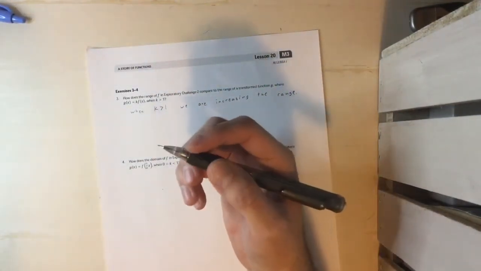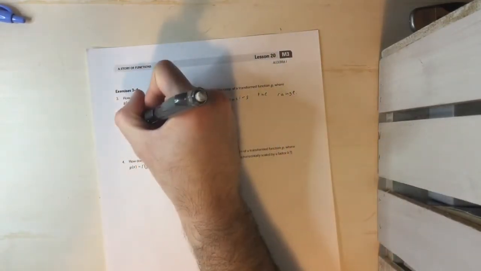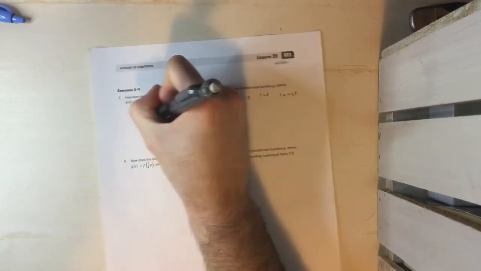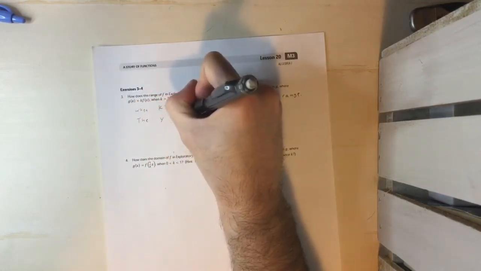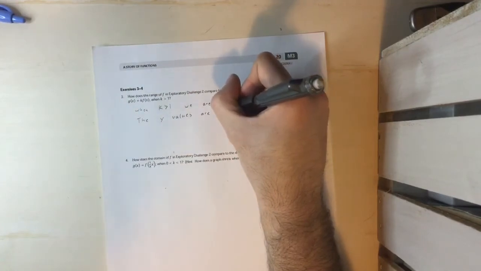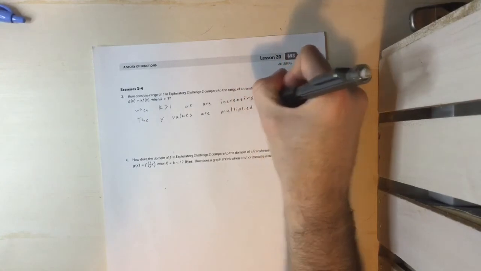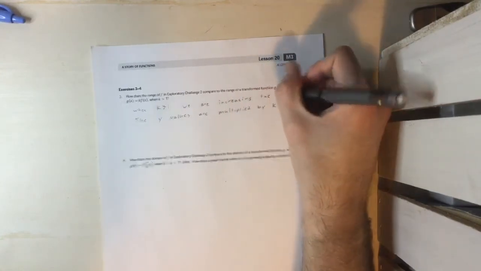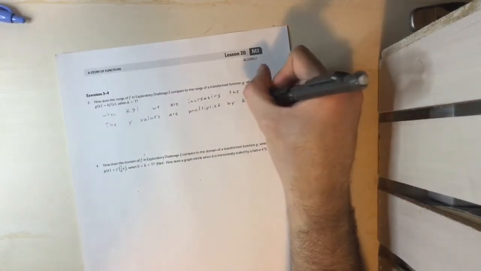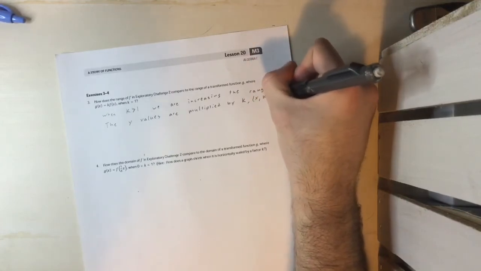So we are changing the y values. If you remember, I talked about how the y values were being multiplied by k. So we could say the y values are multiplied by k. And just kind of as a shorthand, you can leave the x the same and just do ky.